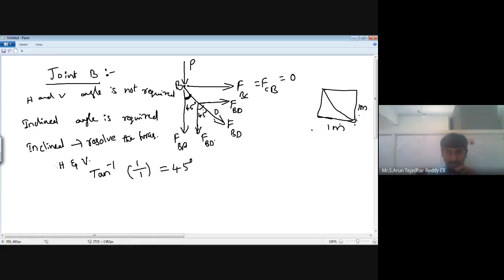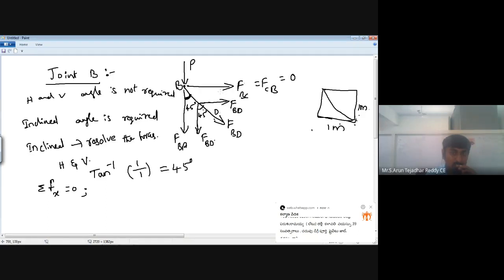Now apply equilibrium equation. Sigma Fx is equal to 0. It means horizontal forces is equal to 0. Observe how many horizontal forces are acting in this joint B. Totally 2 horizontal forces are acting, that is FBC and FBD, and directions are right side.